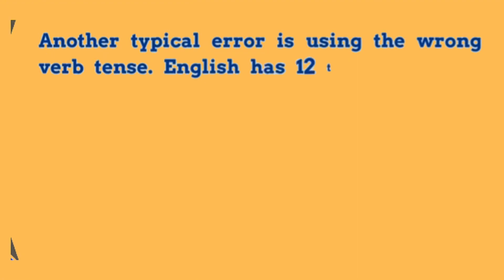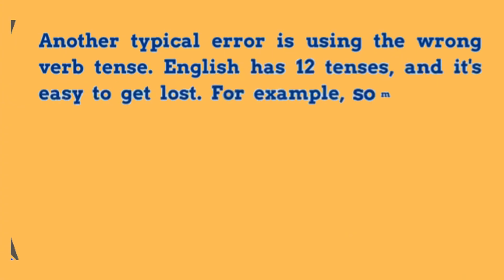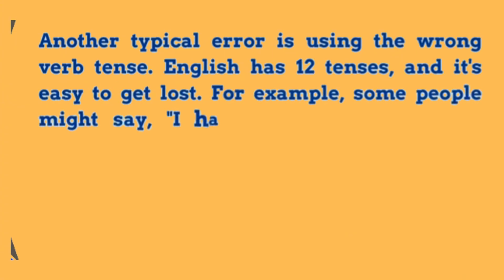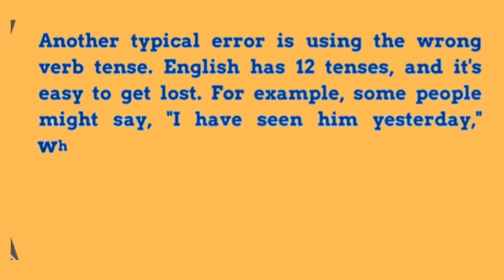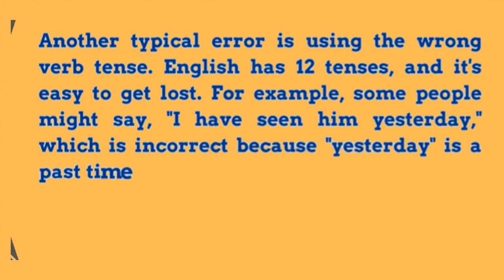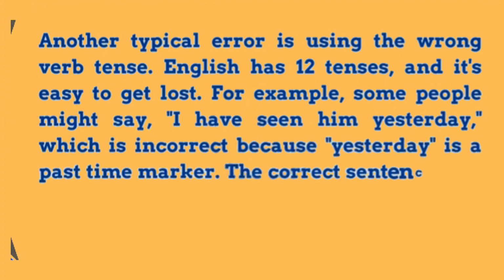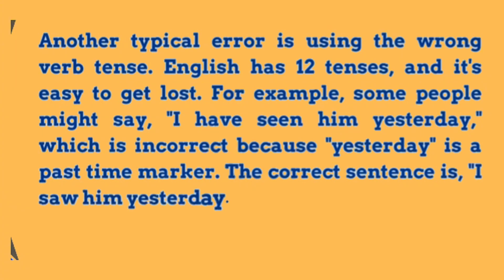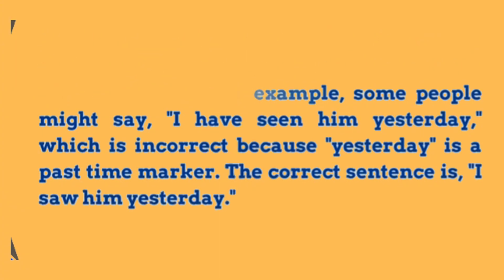Another typical error is using the wrong verb tense. English has 12 tenses, and it's easy to get lost. For example, some people might say, "I have seen him yesterday," which is incorrect because yesterday is a past time marker. The correct sentence is, "I saw him yesterday."